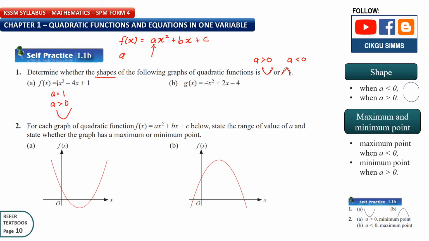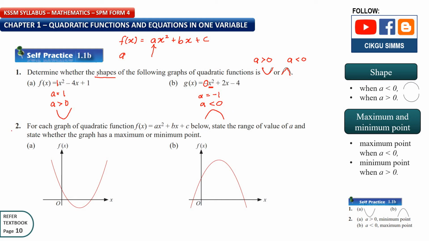First we need to find the value of a, which is the number in front of the x squared. The value of a is negative 1 in this case. It is a negative number, which means it is smaller than 0, so the shape is like this.